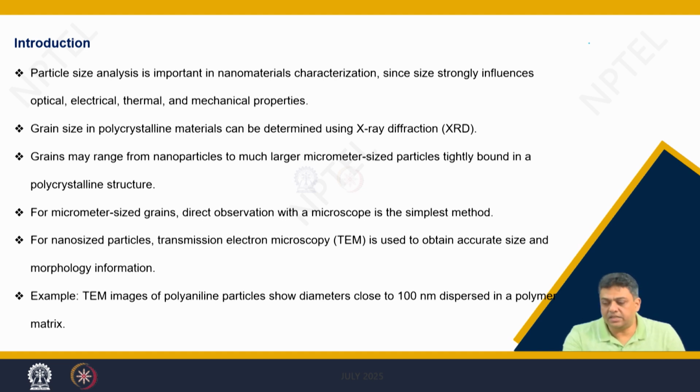Nanomaterials. What did we discuss when we were talking about nanomaterials? If there are 3 dimensions, then we talked about that we should have these materials in a way that the dimensions, either x, y or z, 2 of them or all 3 sides, are in the range of 1 to 100 nanometers.